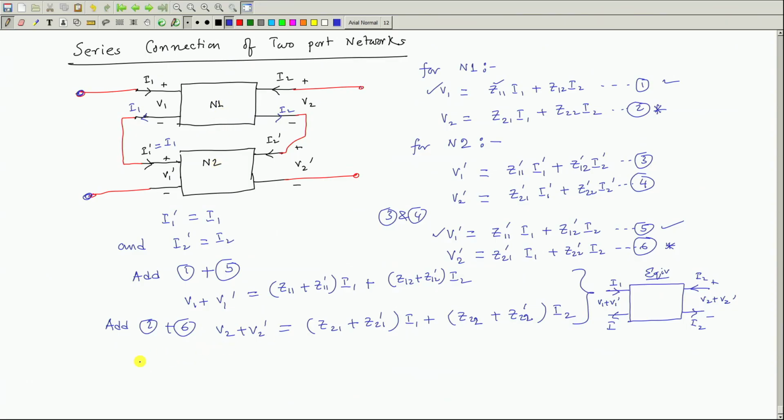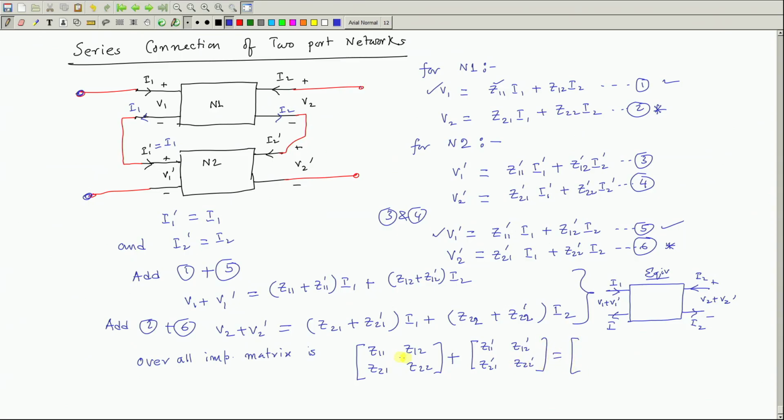That is the overall impedance matrix: Z11 Z12, Z21 Z22, plus Z11 dashed, Z12 dashed, Z21 dashed, Z22 dashed.